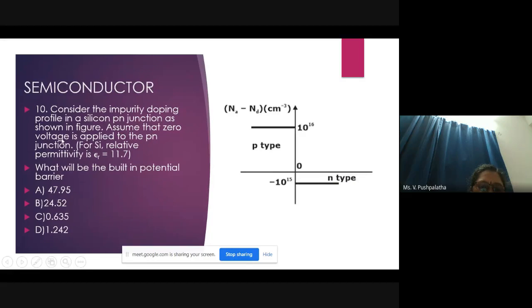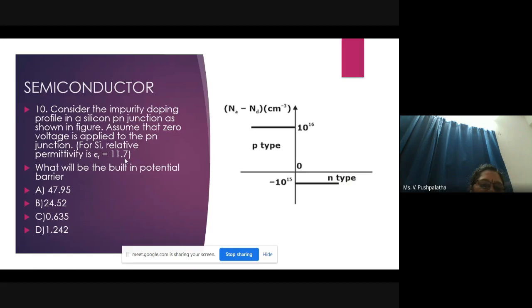So for a forward bias, what will be the built-in potential? What is actually the built-in potential? The potential which exists in the depletion region is called the built-in potential. Now I think you can guess the answer. What is the maximum cut-in voltage with which I can break the potential barrier?